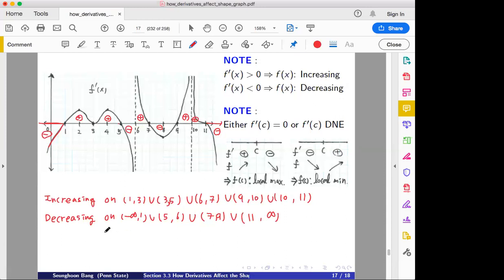The next one, the local maximum, local minimum. So what's the local maximum?